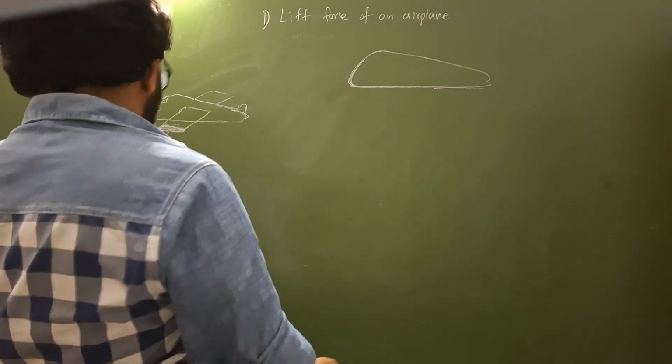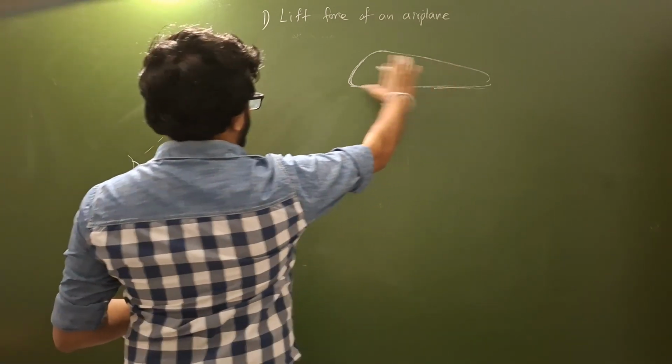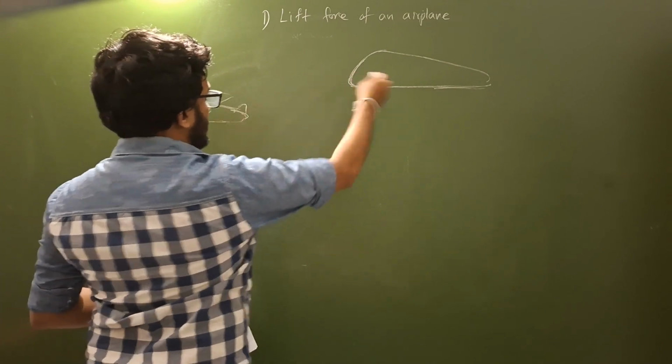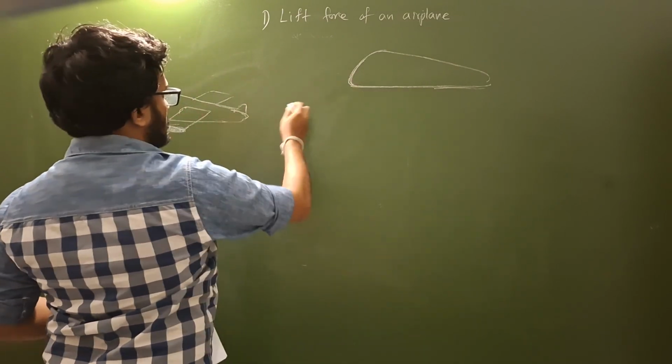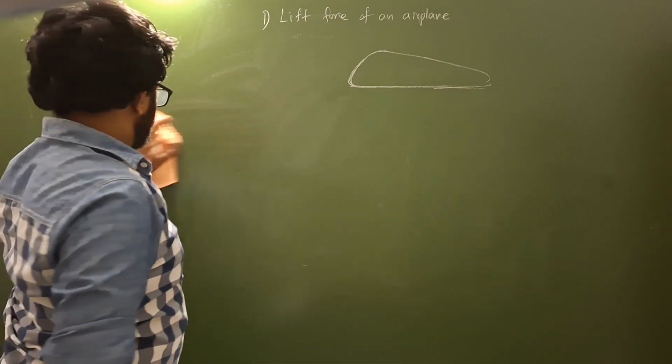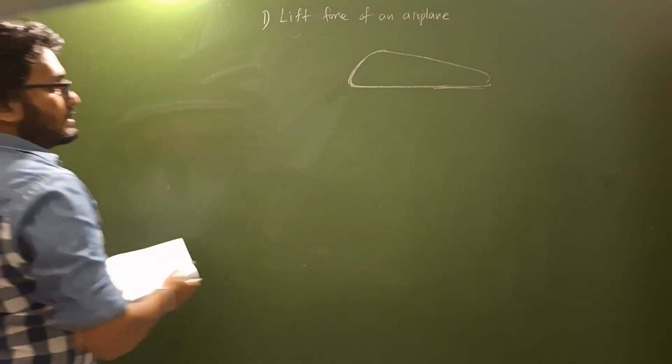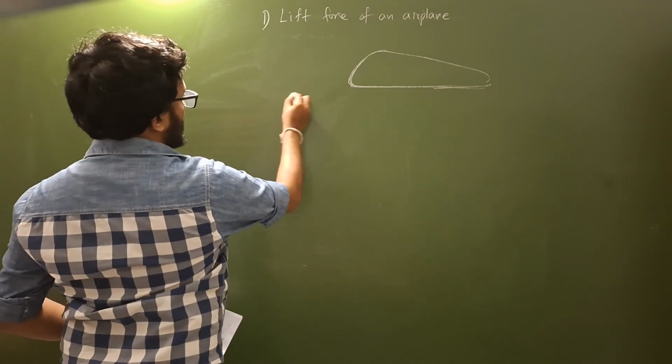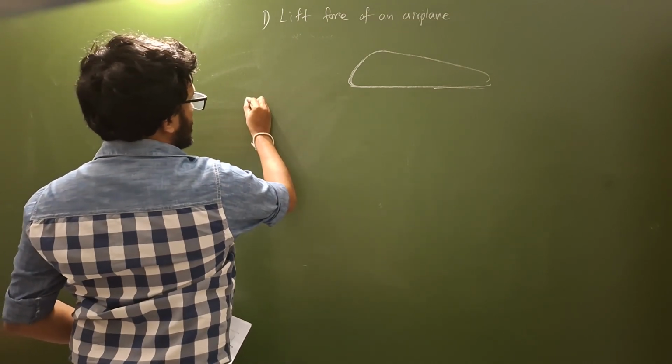Now the thing is, when the airplane goes, when the wing goes, air particles move relative to the wing in this direction.